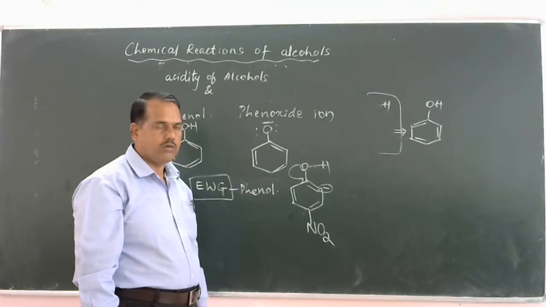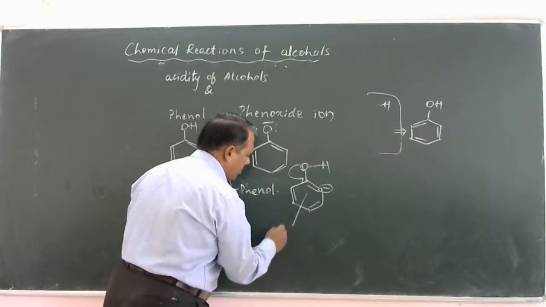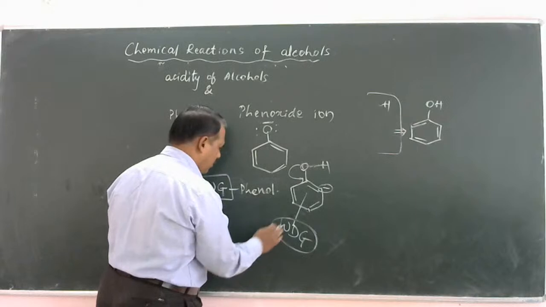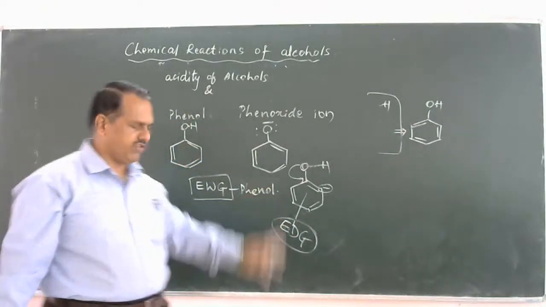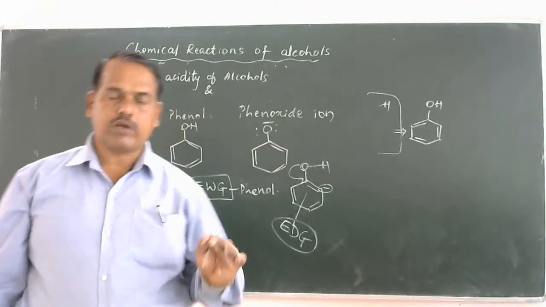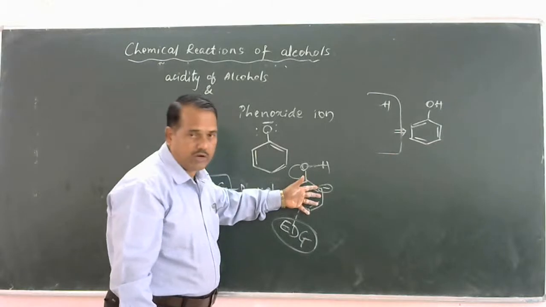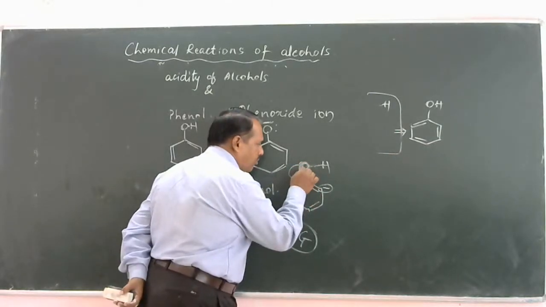Are you clear? Okay. If electron donating groups are there, the group itself can donate electrons, and the electron cloud on the oxygen atom is more.